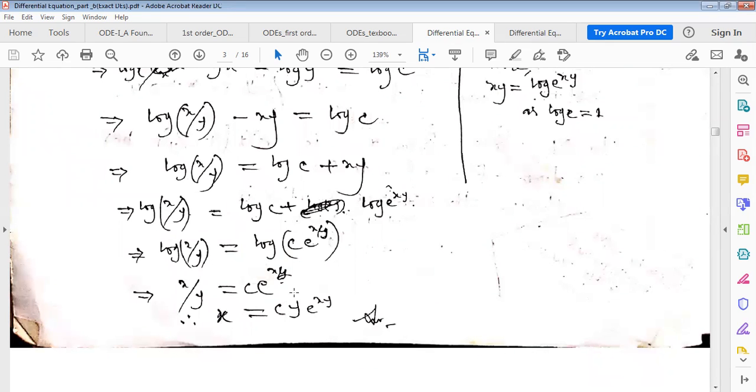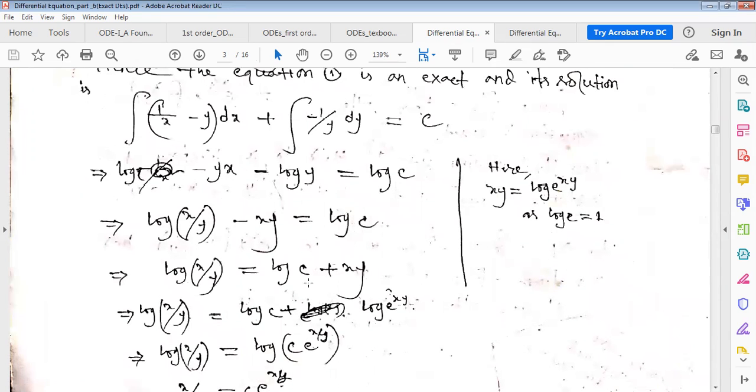This is actually the required general solution. Now there will be 1 by x, whose integral is log x, and this will be minus only this, and this will be only log y. Taking log y and log x together, log x by y minus xy equals log c, taking log c as a constant.